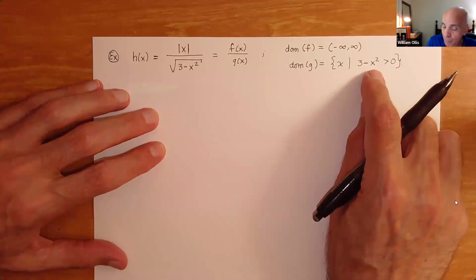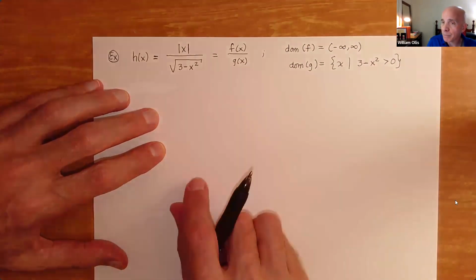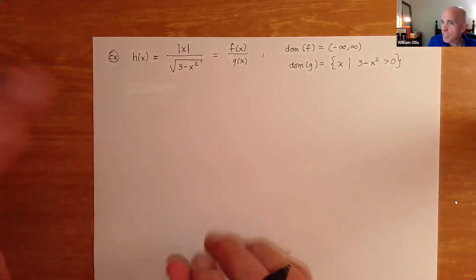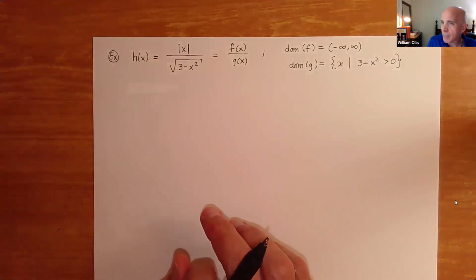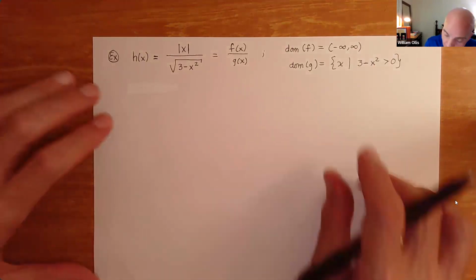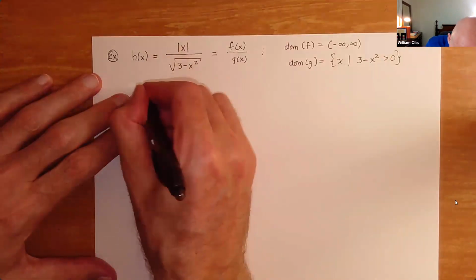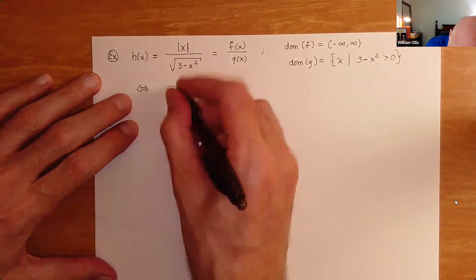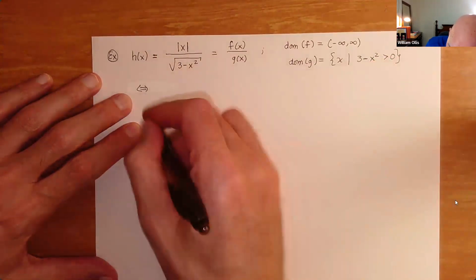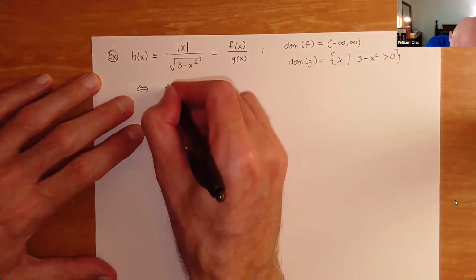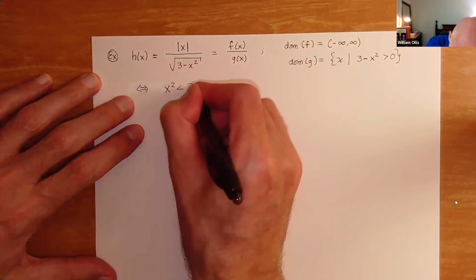This is an example that we used in our last lecture that I put on your homework. Again, very simple if you think about using the absolute value. Now, what does this mean? If and only if, we can just add the x squared to the other side. This says x squared is less than 3.